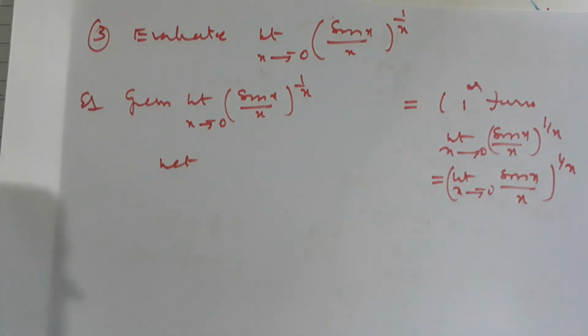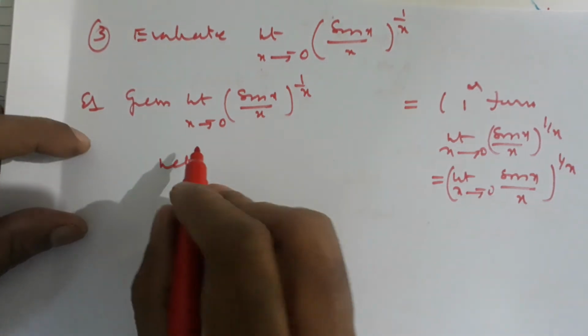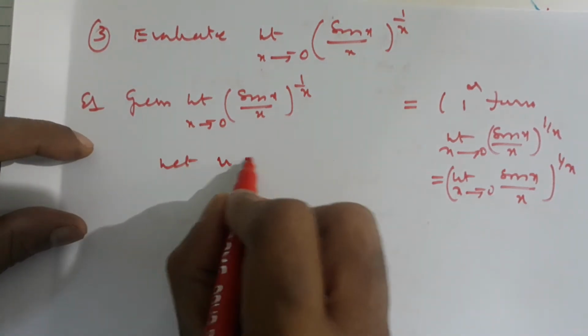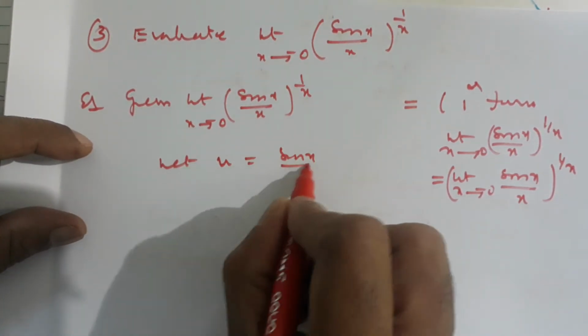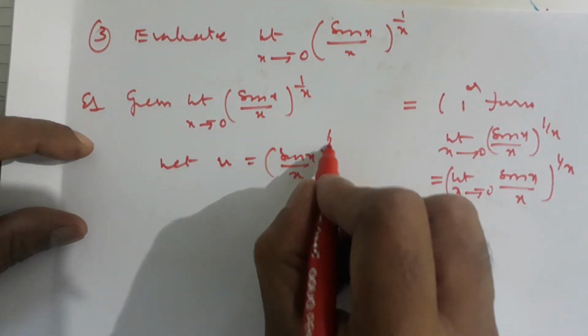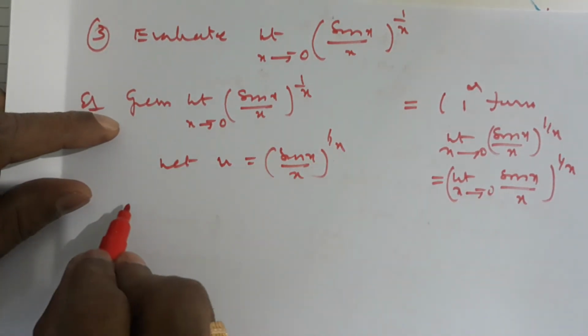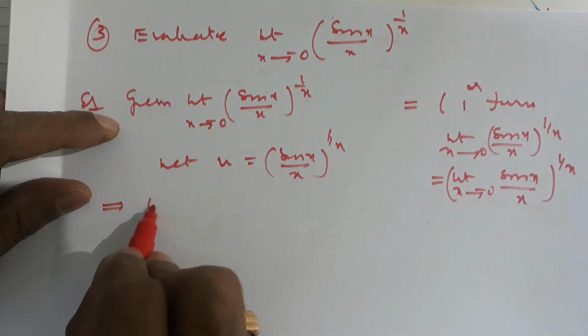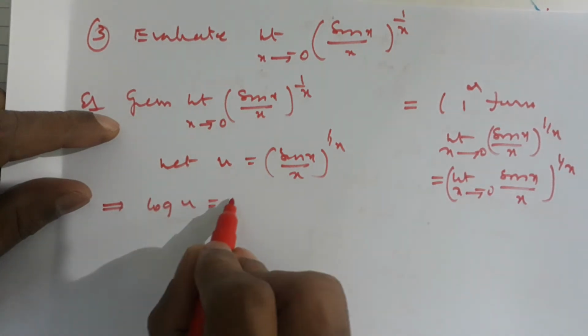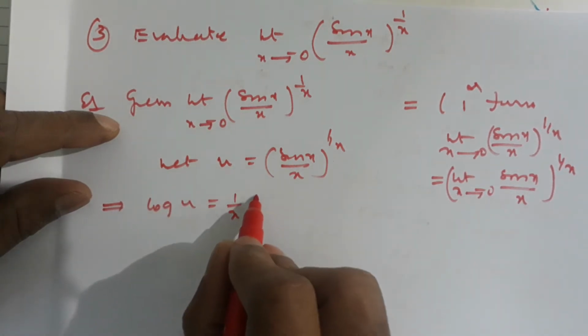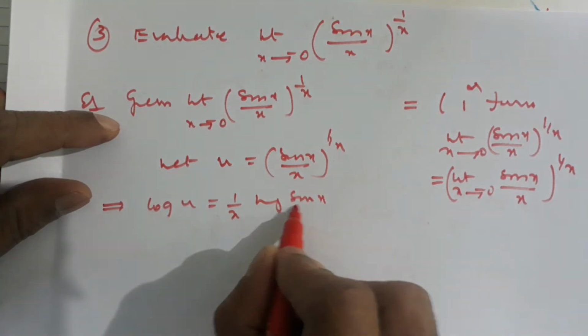So let u is equal to sin x by x whole to the power of 1 by x. Take log on both sides. Log u is equal to 1 by x into log of sin x by x.